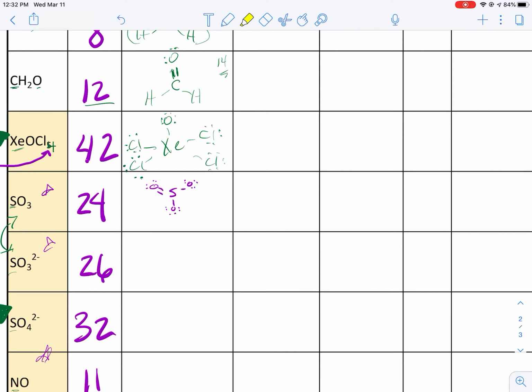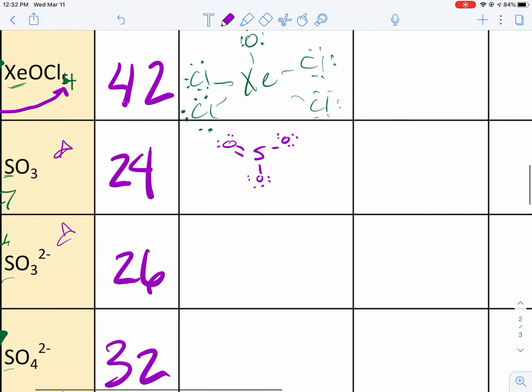Notice, though, we have a situation with the same elements on the outside. I don't need brackets because it's not charged, but I do need to show a double bond going that way, and that way, and that way, and that was the single bond.